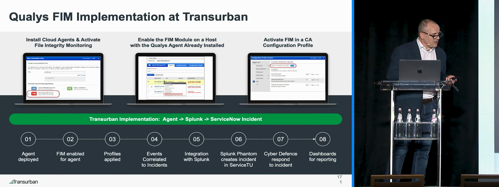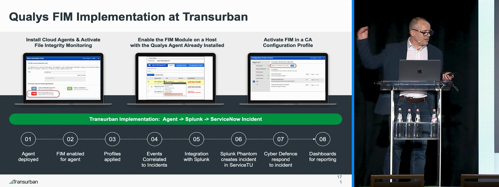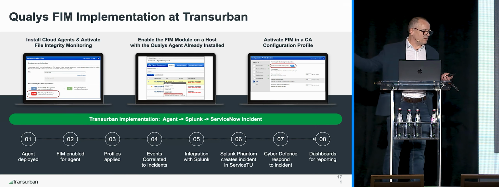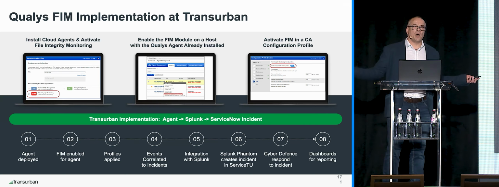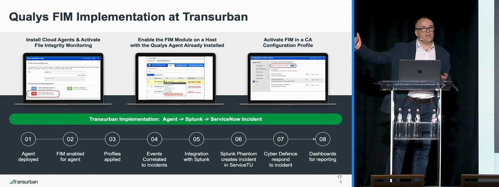And then we integrated those with Splunk. And then with Splunk Phantom, we created incidents in ServiceNow, or we call it Service TU. And then that enables cyber defense teams to respond in a timely manner to incidents. And we have 24/7 monitoring, right? And additionally, we built dashboards for increased visibility for various people.